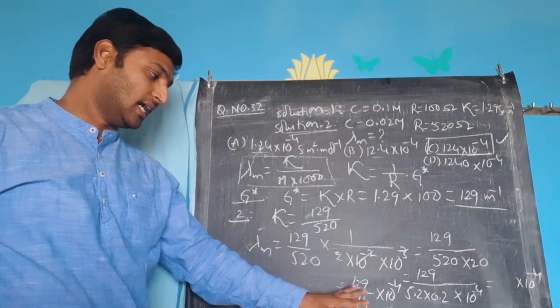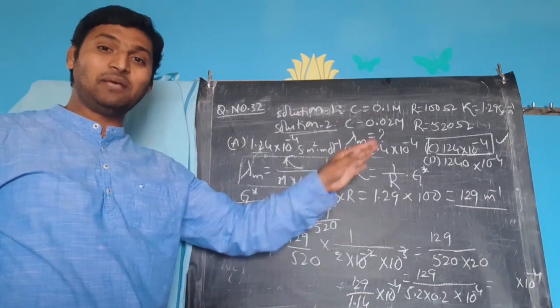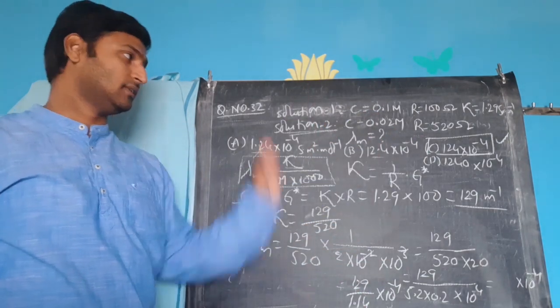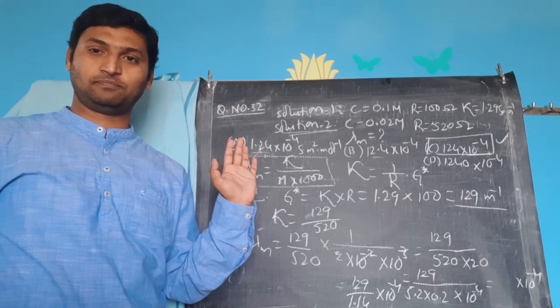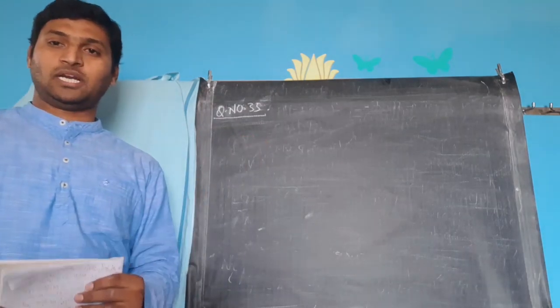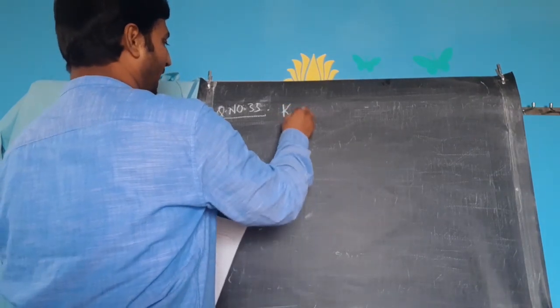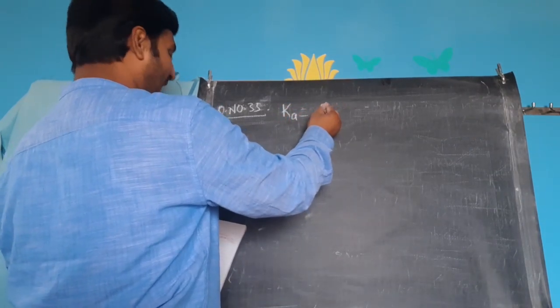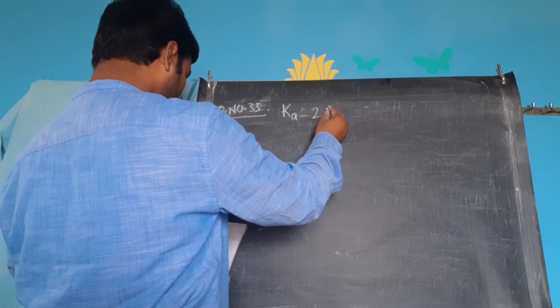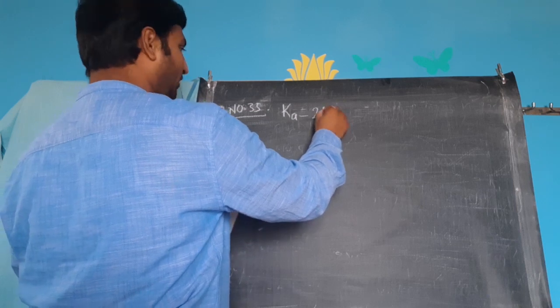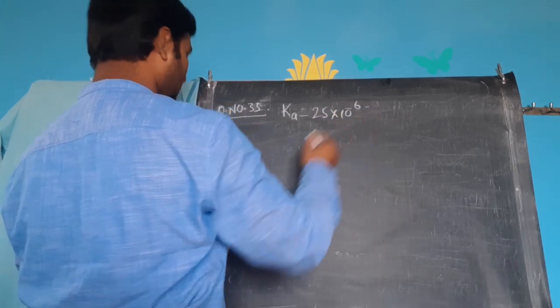This is how you can minimize your calculations using the options, and it's a direct question, of course. Clear? Let's move on to question number 33. In question number 33, for a particular weak acid the ionization constant is given, which is 25 into 10 power minus 6.